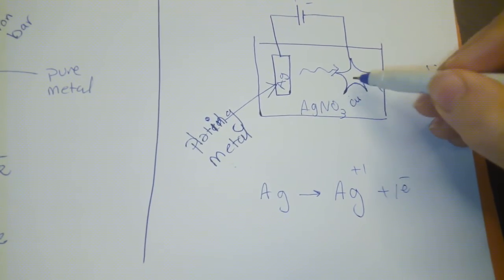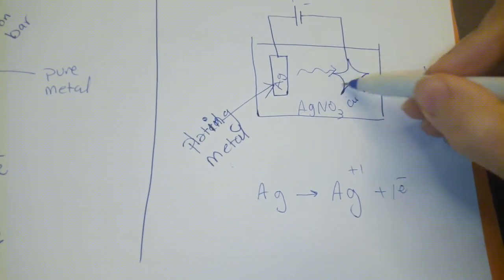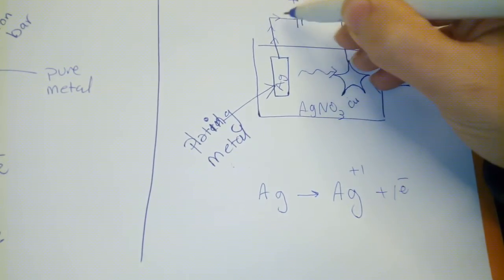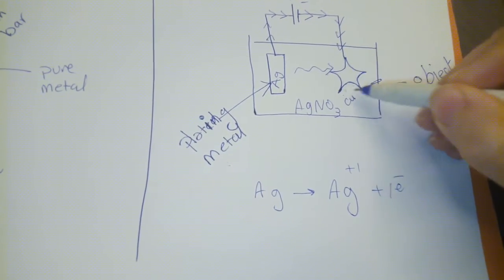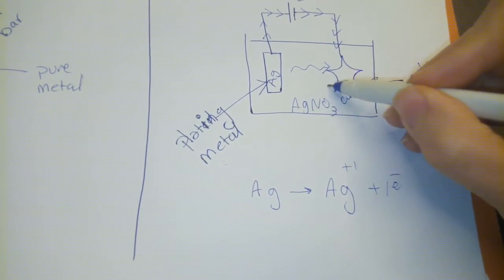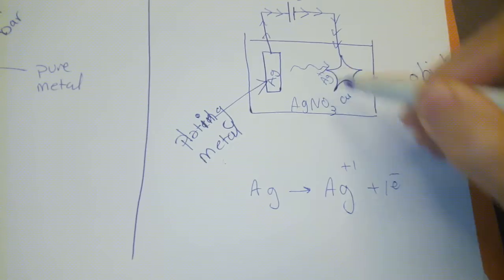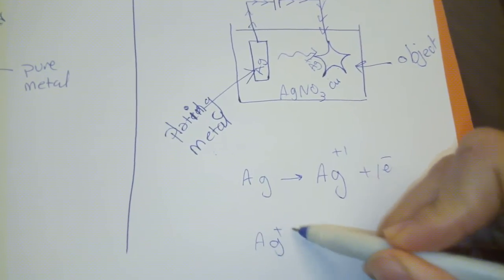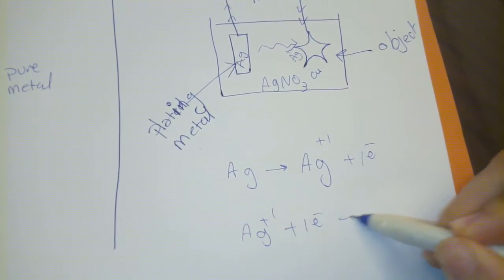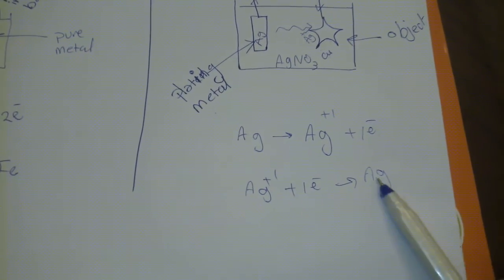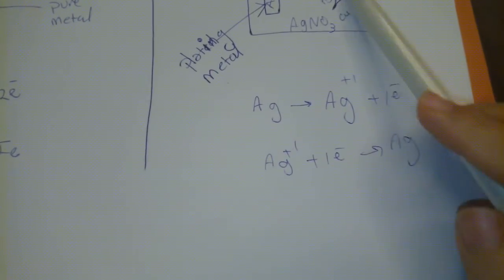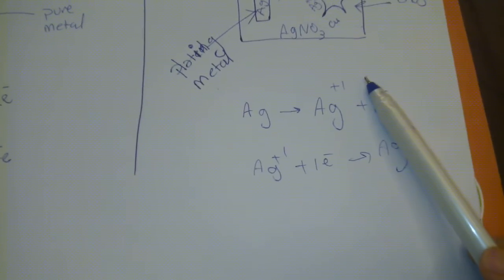The cathode. The cathode is negatively charged. At the cathode, the electrons that were lost at the beginning will start their movement through the wires until they reach the cathode. At the cathode, Ag+ will accept electrons again, and they will be converted into what? Into the neutral form of silver, and they will start coating that star.